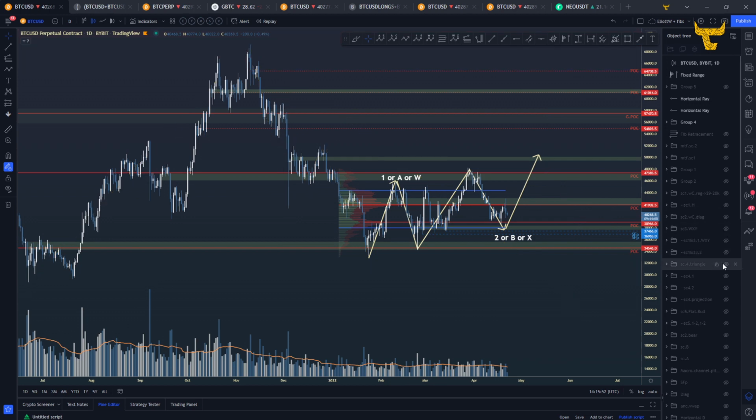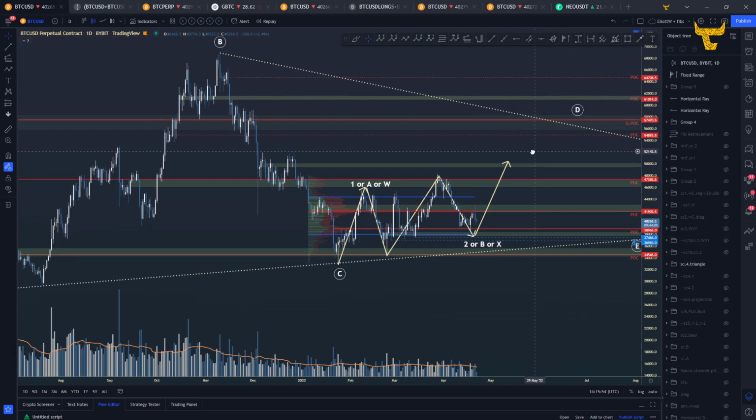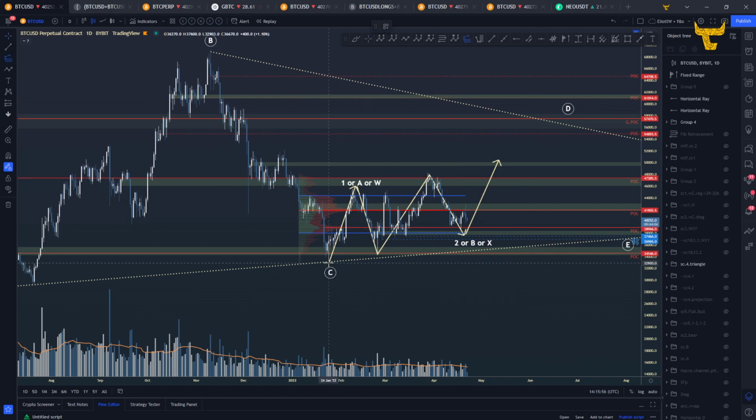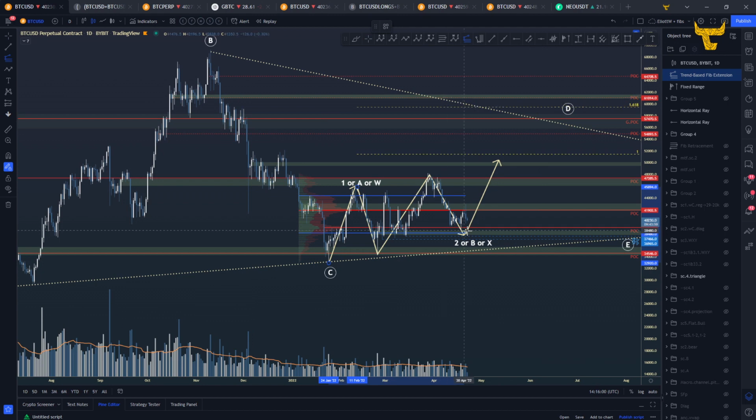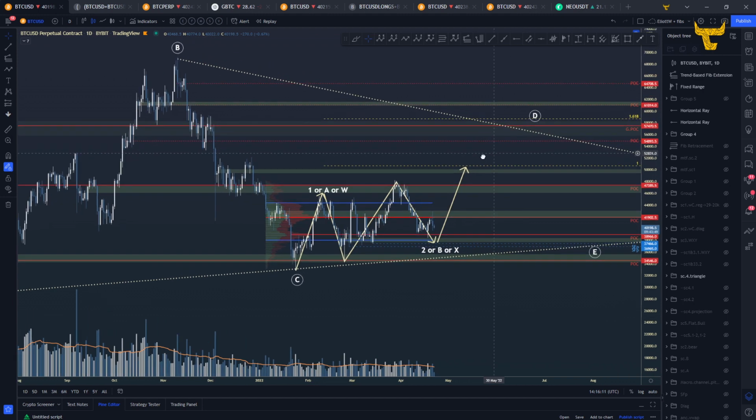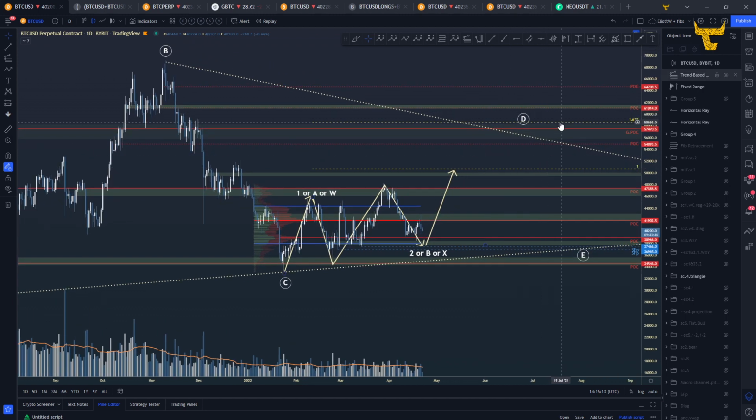This would work as well for the triangle. Especially if we tie the fib extension tool, depending where it finishes, I would believe that we have at least one more move down still. But in that case, we see the targets between the 1 and the 161.8.